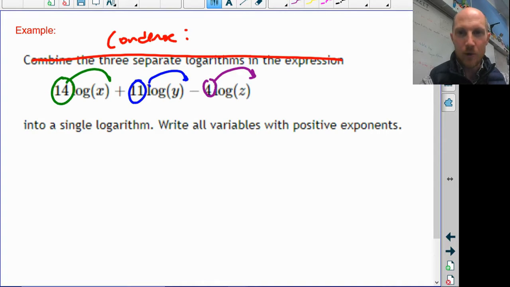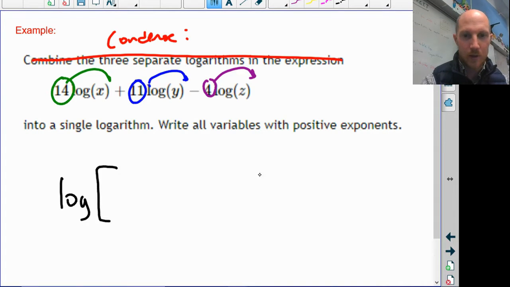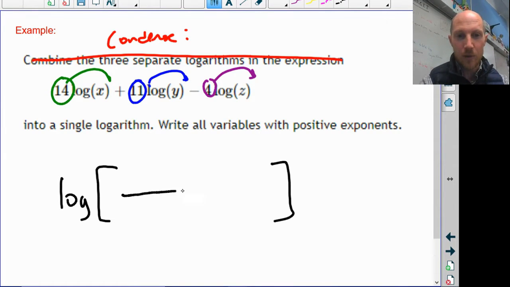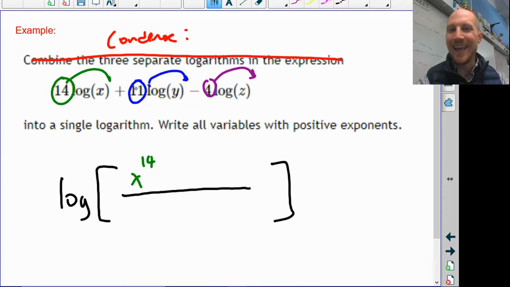Let's see if we can do this all together at the same time. Log of, I'm going to get a big set of brackets here, and hopefully everything will fit. I can see there's subtraction, so in here there's going to be division. So I'm just going to start with my fraction line. So x to the power of 14 from the green part there, and then that's being added with the next part here in blue.